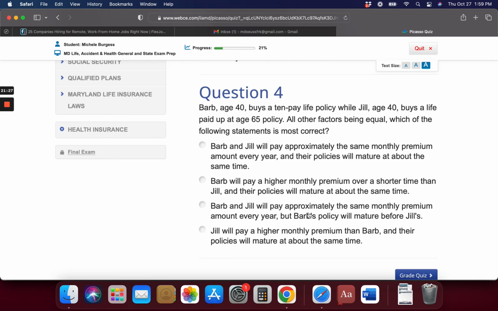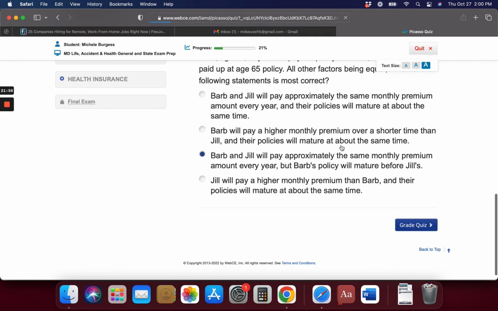They pay approximately the same monthly premium every year, but Barb's policy will mature before Jill's. Barb and Jill will pay approximately the same amount, and their policies will mature at the same time. Barb will pay a higher premium over a shorter time than Jill. Jill will pay a higher premium than Barb. I don't know. That's a tough one.